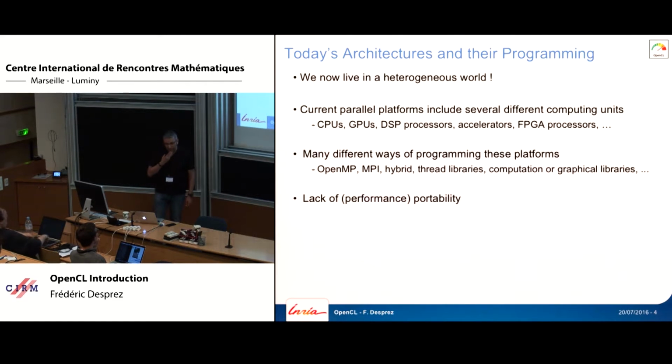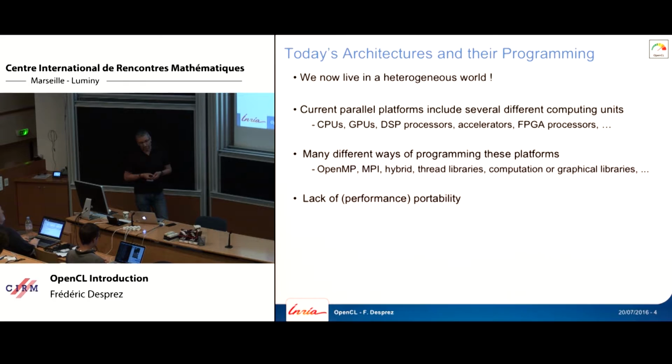It has been mentioned several times today. We live in a heterogeneous world, with many different platforms. Of course, CPUs, GPUs, DSP processors, accelerators, and now FPGA accelerators. And these platforms will make the future of parallel computing. We'll see soon boards with different processors together, and there should be a way to program them. There are many different ways to program these platforms. We have seen some of them today.